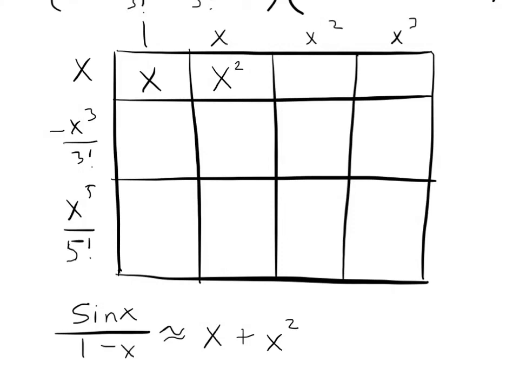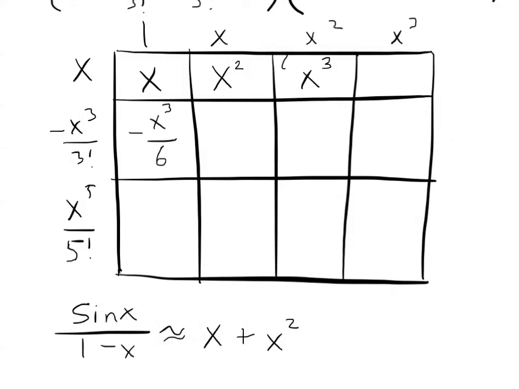My third one, this is going to be x cubed. This one over here will also be x cubed. It's going to be negative x cubed over 6. This one here is going to be x to the fourth, 1 and 3, so I don't need that one. This is x to the fifth, that's x to the fourth, this is x to the fifth. I'm not going to need anything else. I've got everything I need right here. All I need to do is add together x cubed and negative 1/3, I'm sorry, negative x cubed over 6.